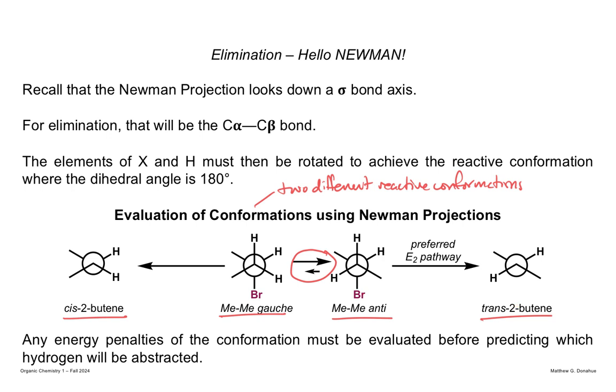But that's not always the case. There'll be some reactions where, of two choices, the least stable conformer will actually go to the more stable product. And that's where these reaction coordinates get a little bit more complicated.